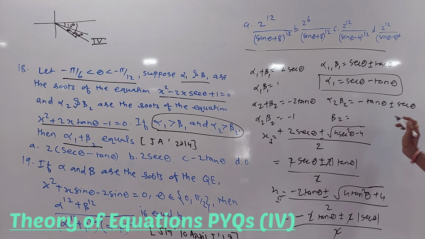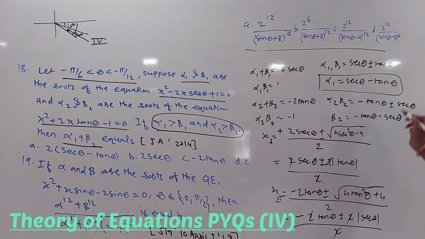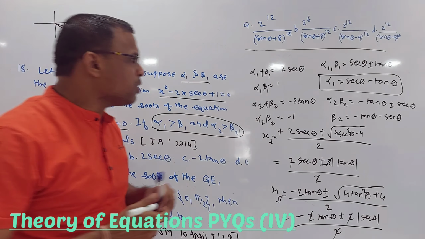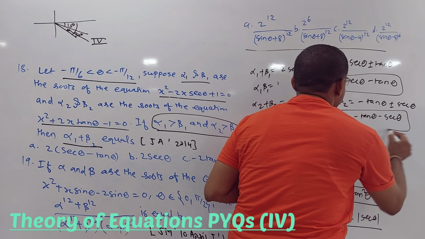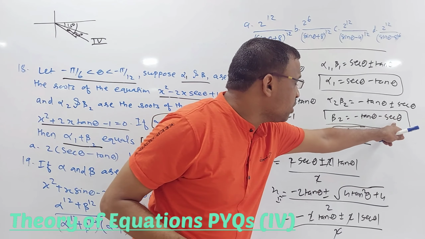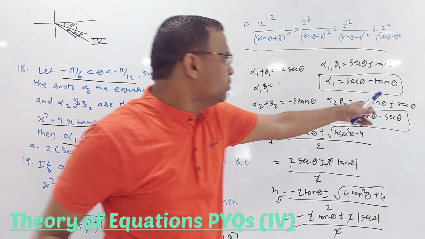So it is minus tan theta minus sec theta, not plus sec theta, because beta 2 is the smaller one. Minus tan theta is always positive in the fourth quadrant, sec theta is already positive, so positive minus positive will give me a smaller answer compared to the other way.